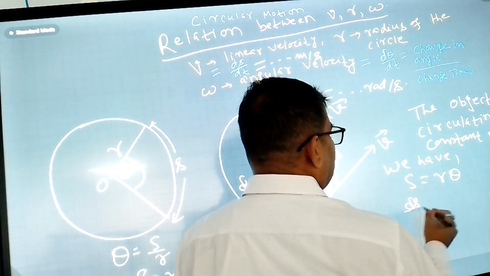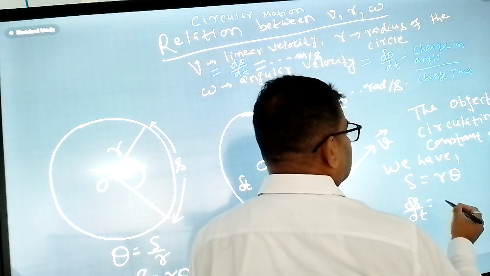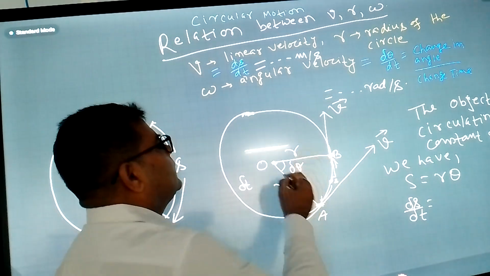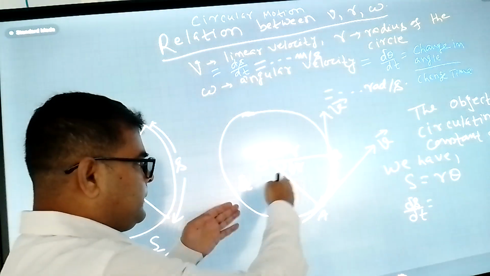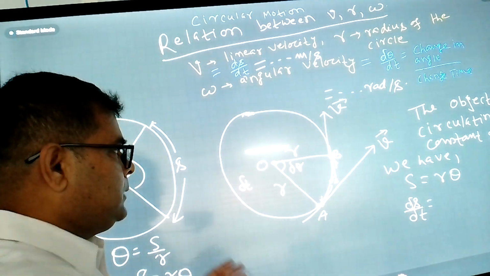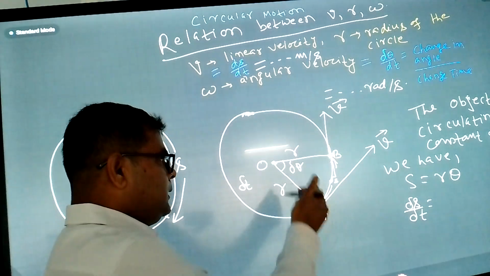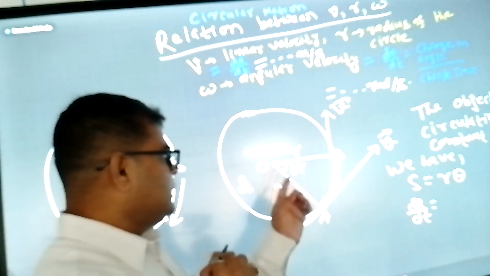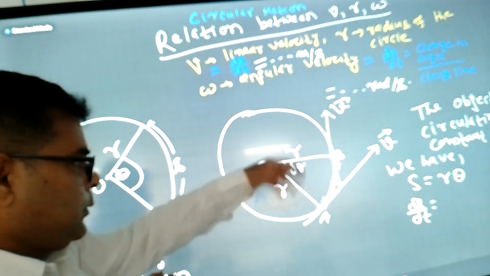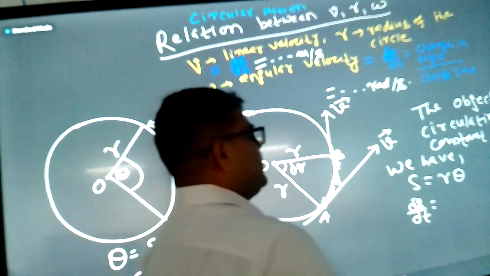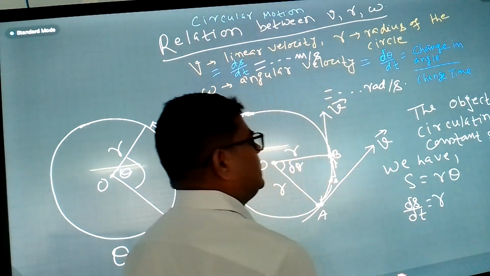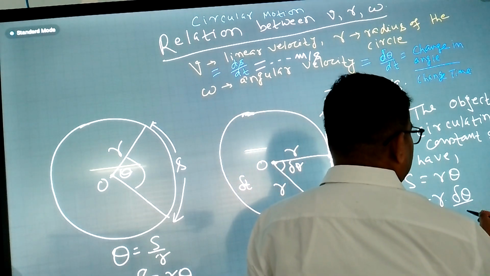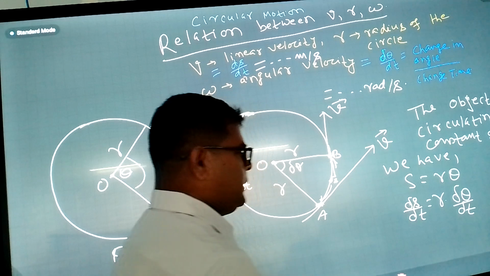So we have del S by del t equals R, because for a particular circle we take R as constant, otherwise there would be some difference while finding delta S. So we take R constant for a particular circular motion, and that's why we don't differentiate it. The other part is the derivative of del theta with respect to t.